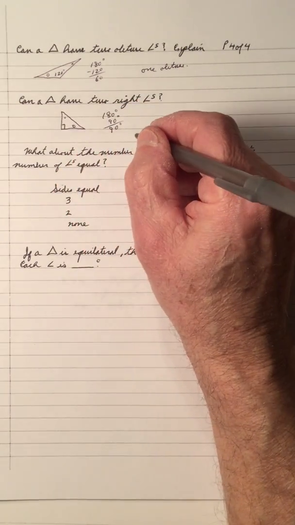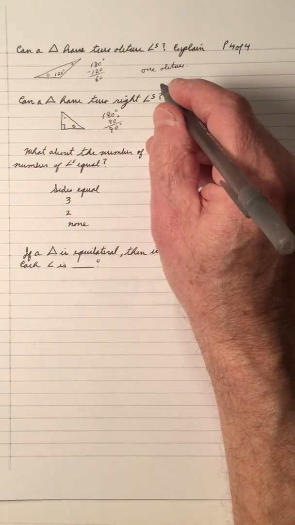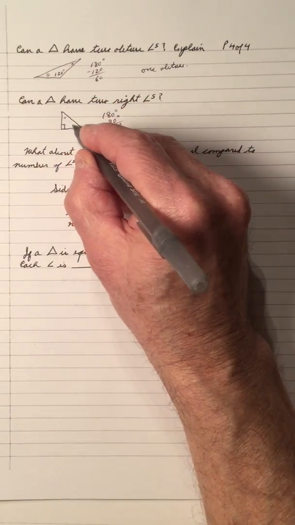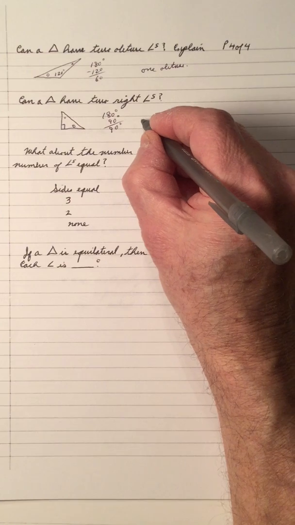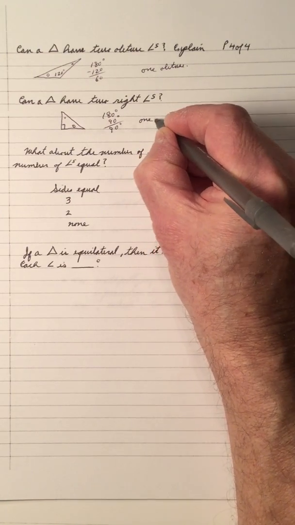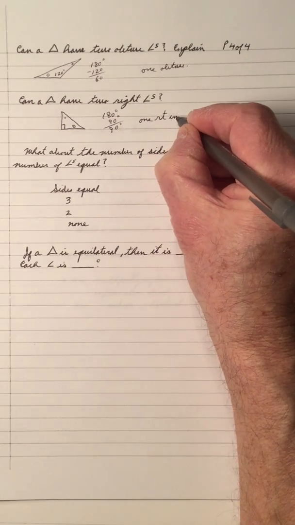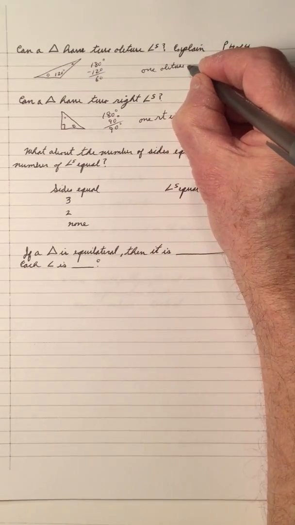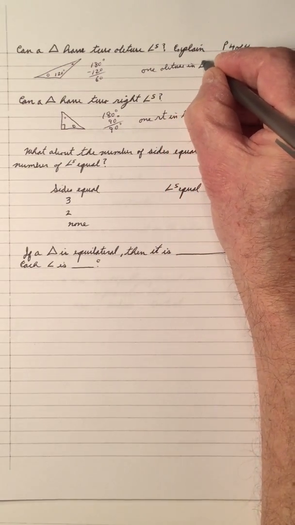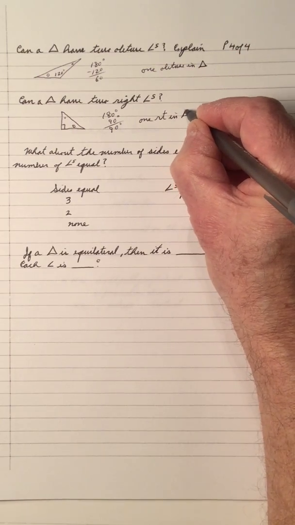So if they add up to 90, that means each of them have to be acute. So those angles are acute. So you can only have one right angle in a triangle, one obtuse angle in a triangle. Notice the triangle symbol. I don't have to spell it out.